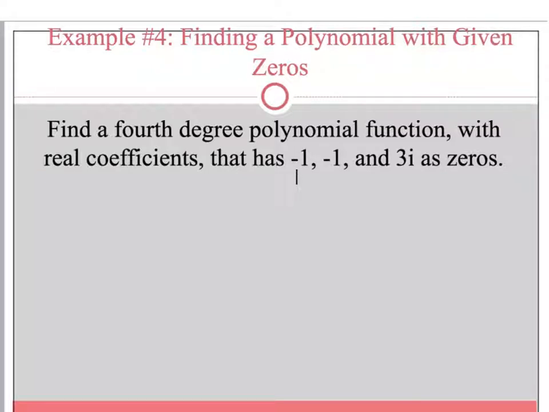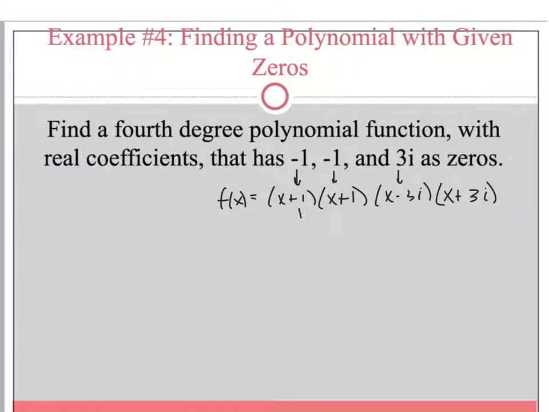The x minus 1 is truly x plus 1, and again, x plus 1. If I have 3i, essentially that's x minus 3i. But remember, complex numbers always have a conjugate, so we would also include x plus 3i. So some fourth degree polynomial will be these four factors multiplied together.